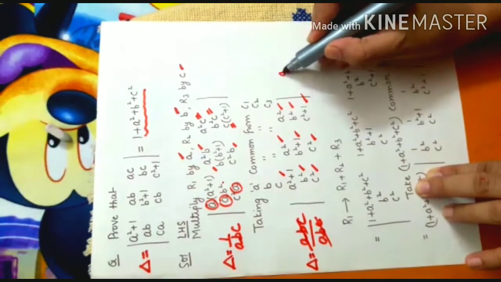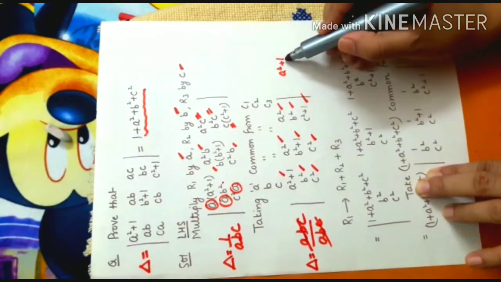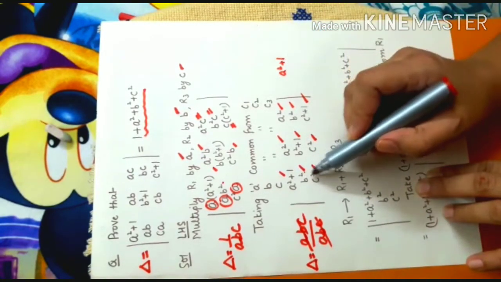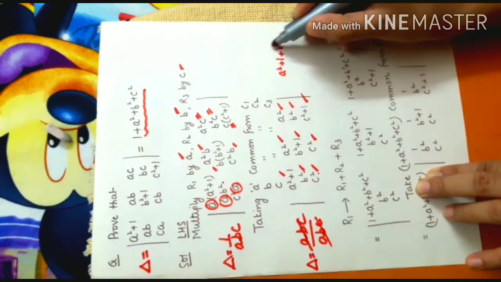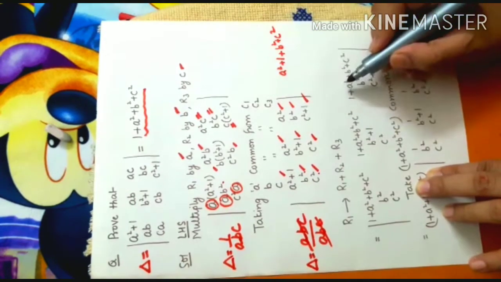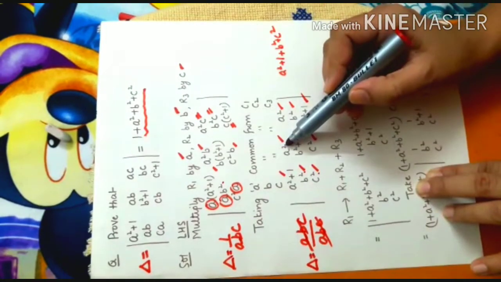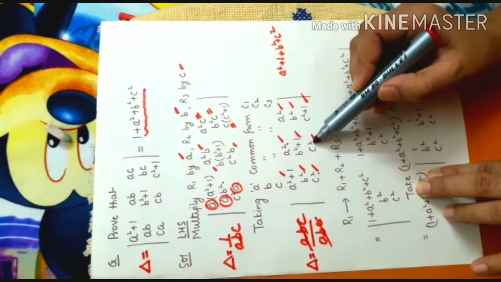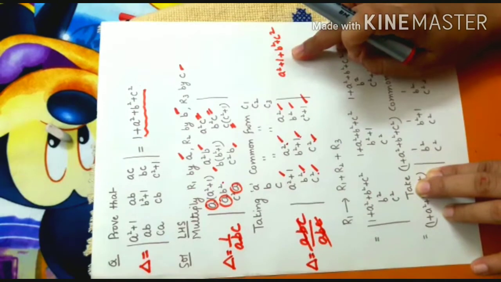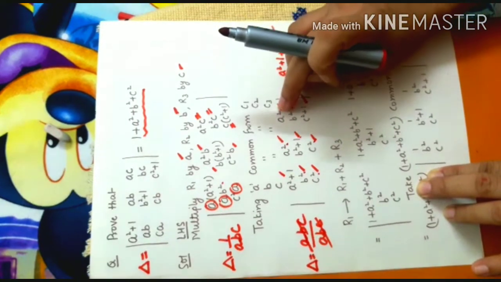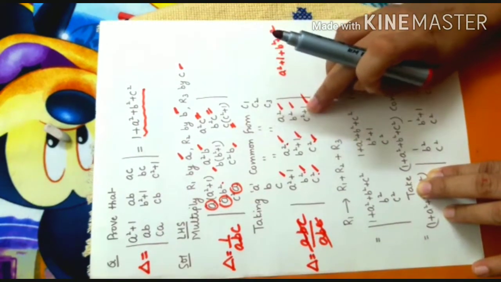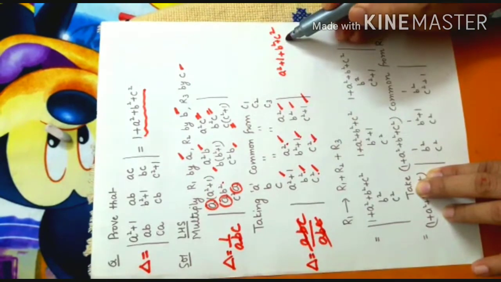Now look here. If to this element, that is a square plus 1, if I add these two, b square plus c square, I'll get this. Similarly, if to this element I add these two, I'll be getting this. And here also, if to this element I add these two, I'll be getting this.